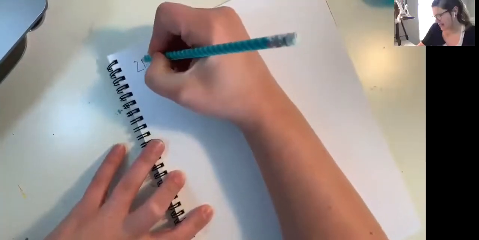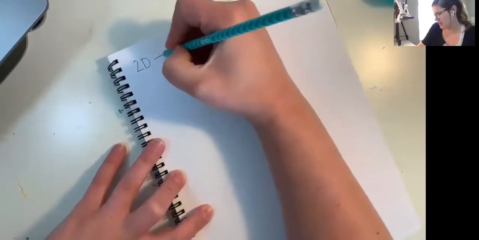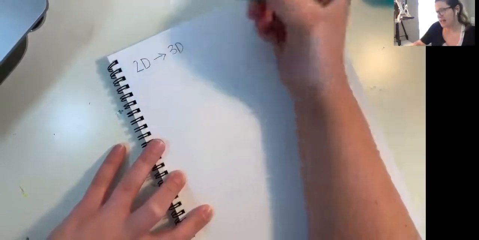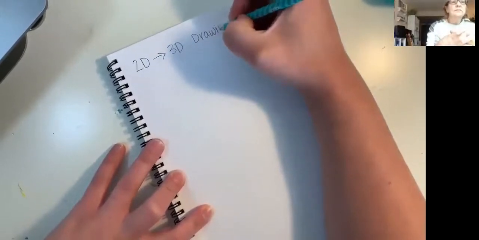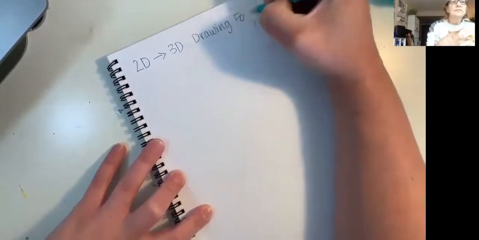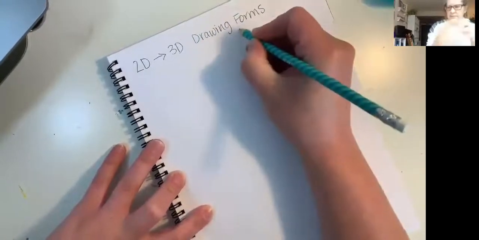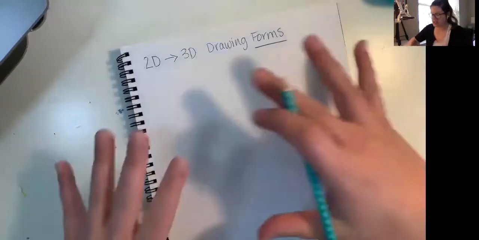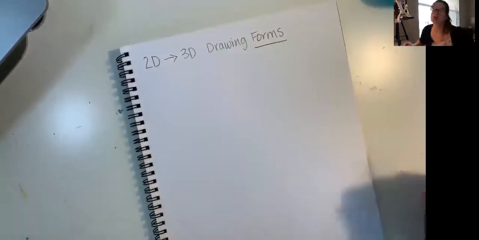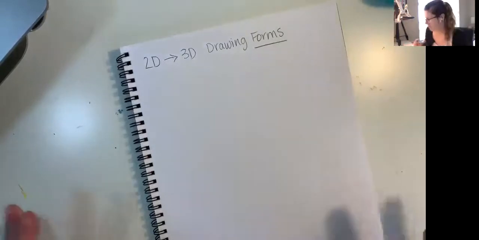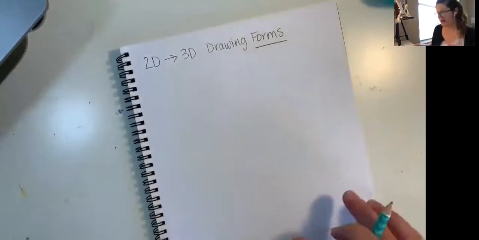The name of this class is 2D to 3D, and we're focusing on drawing forms. When I'm finished with this class, I will make sure to take a nice picture of my notes and post them too, so you can have access to that after the fact as well.